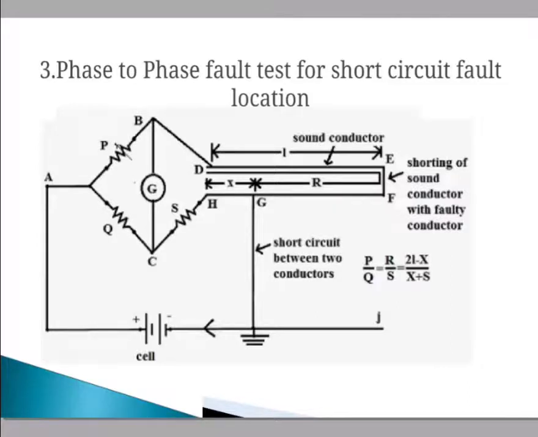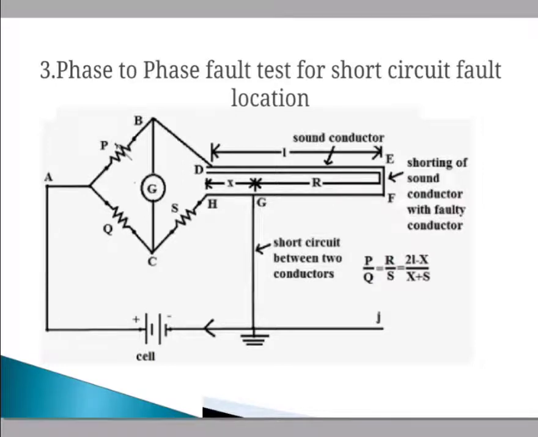then the fault point can be located by the formula shown here, that is P divided by Q is equal to R divided by S is equal to 12 minus X divided by X plus S. Here we are showing the short circuit point G is earthed and L is the length of the sound conductor, then P, Q, R and S are the resistances.